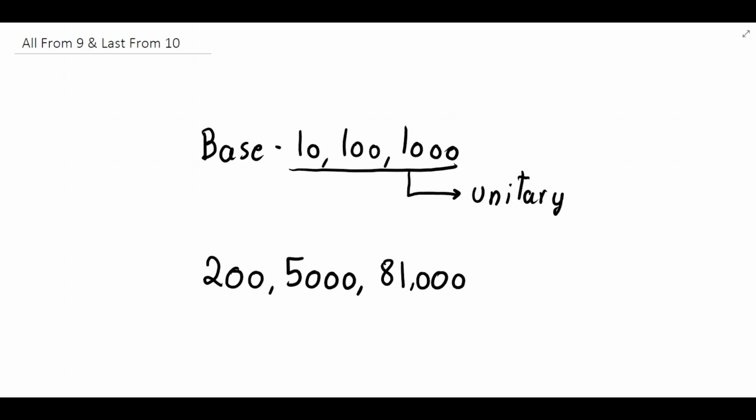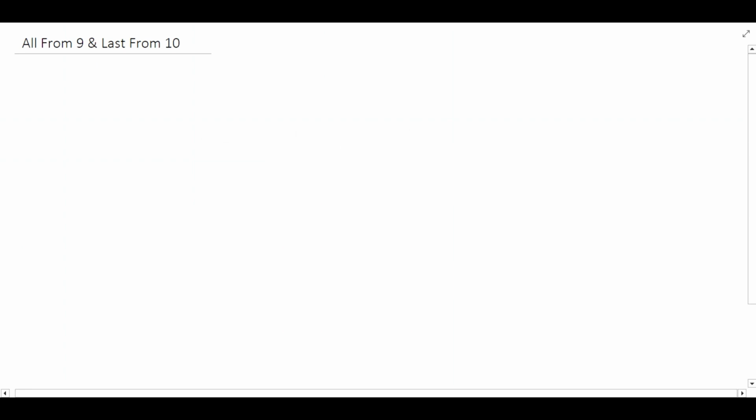As usual, let's begin by learning the conventional method of how we subtract from these base numbers. Take a number 1000. You want to subtract 329.